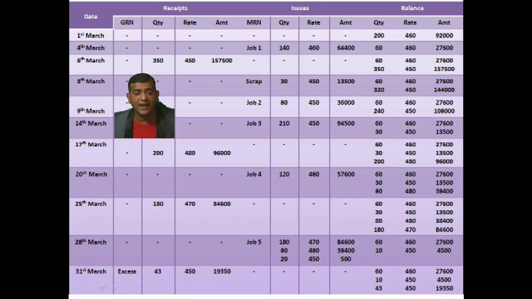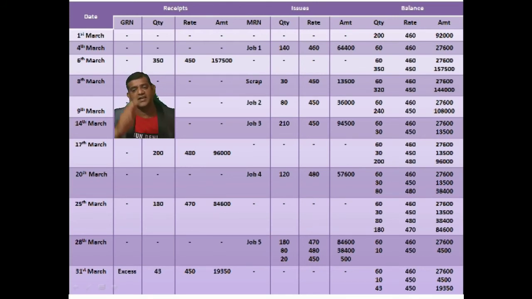Since we are following the last in first out pricing principle, I am taking the material from the bottom, that is lastly added. Out of 200 I have taken 120 tons at the rate of 480 rupees. So the amount comes to 57,600, that is 120 into 480 rupees. So now go to the balance column.